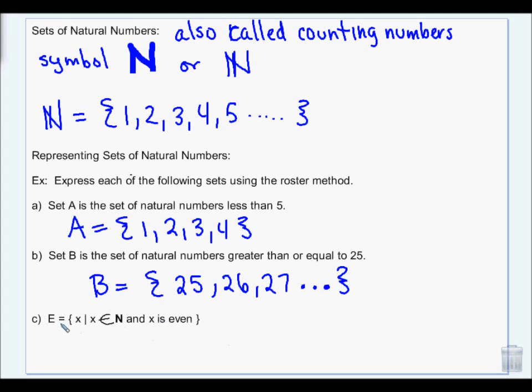Then set E is the set of all X such that X is a natural number and X is even. So 2, 4, 6, 8, and that goes on forever as well.